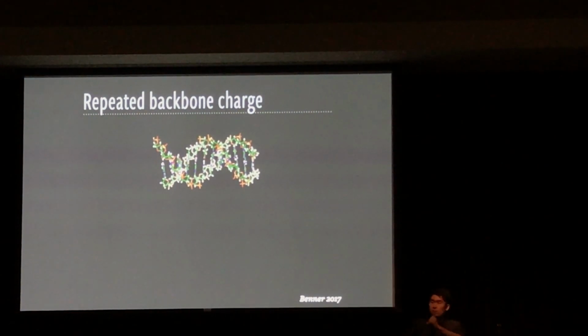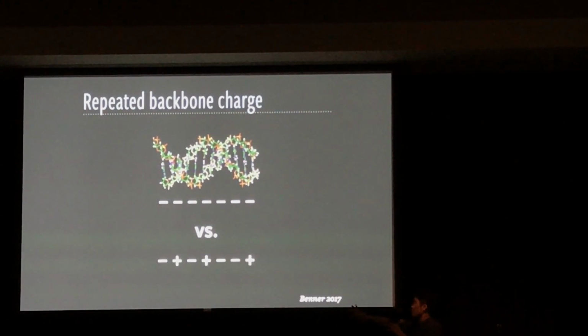And a very similar concept applies to our information-carrying molecule. This is a strand of DNA and its characteristic double helix. It turns out that DNA has this repeated negative charge on its backbone, created by the phosphate ions on that backbone chain. Now the reason why we have this repeated negative charge is so that the DNA doesn't fold in on itself. You might imagine DNA having some random distribution to its charge, plus, minus, minus, minus, plus.